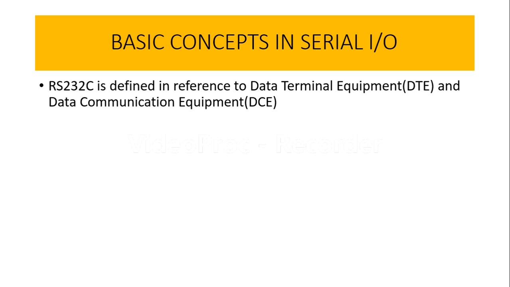So let us come to the point where we are going to discuss the DTE and DCE. As far as the DTE is concerned, if you focus here, we are using the term terminal. Terminal refers to the end equipment.